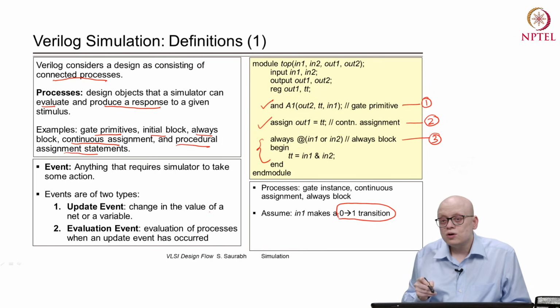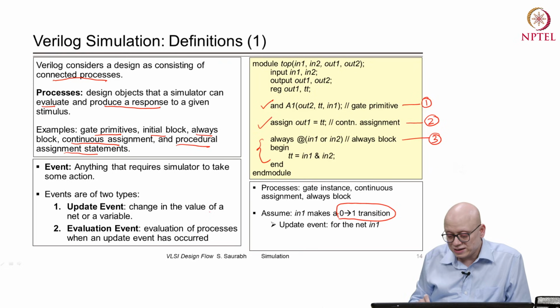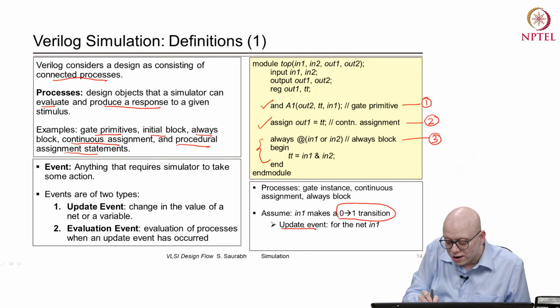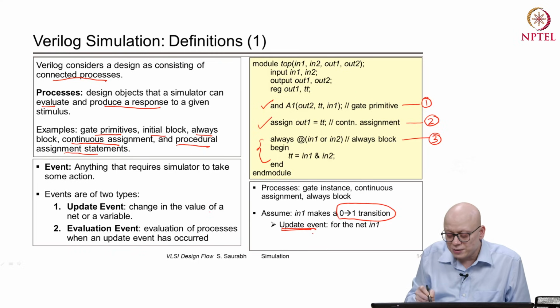In this case, what will be the events created? Now, in1 changes value from 0 to 1, so it creates an update event, because the value has changed from 0 to 1, and therefore an update event is created for the net in1.